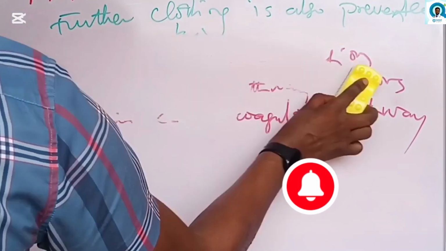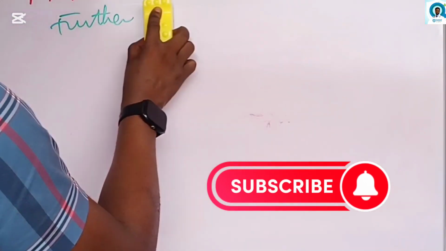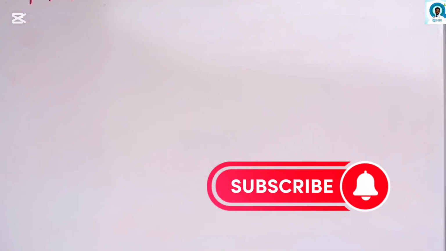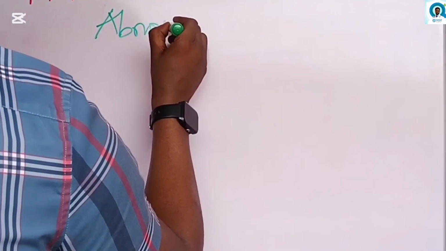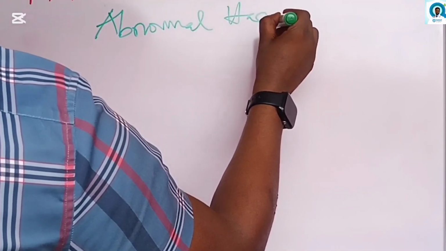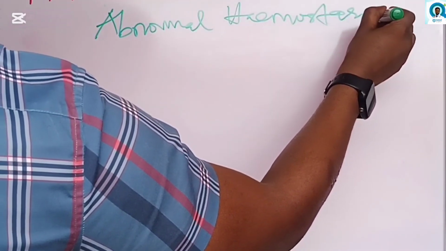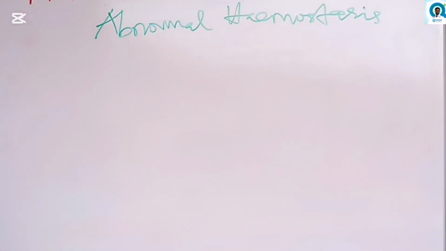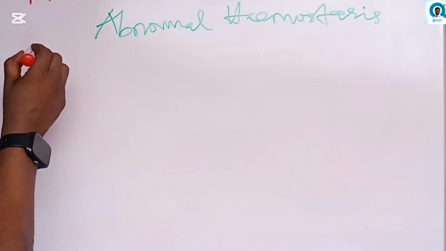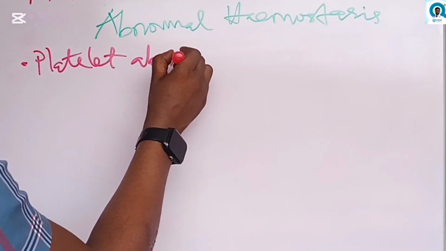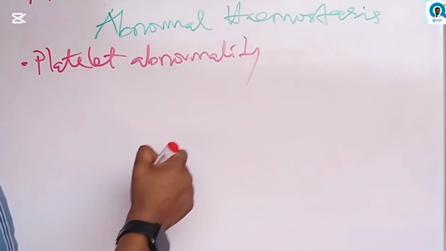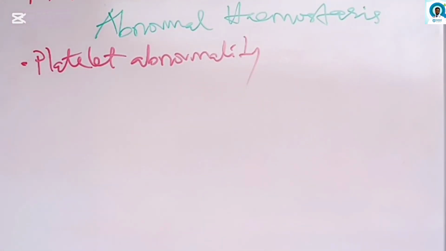Now, a brief look at abnormal hemostasis, which may lead to excessive bleeding during and or after an operation. Abnormalities may be due to platelet abnormality. Platelet abnormalities may be quantitative or qualitative.